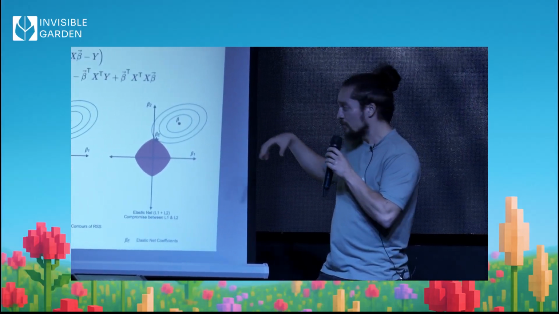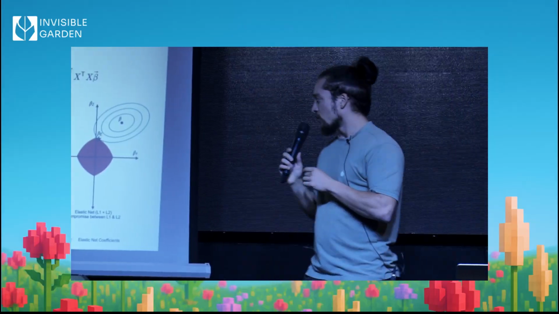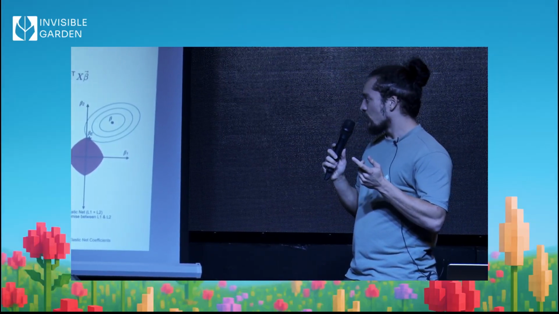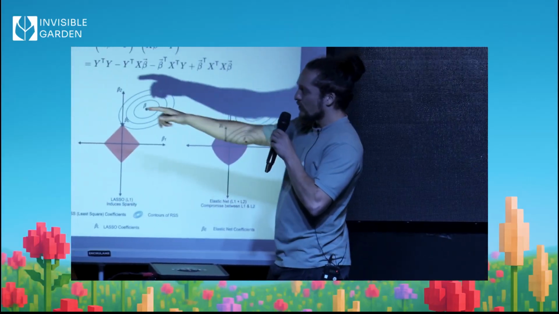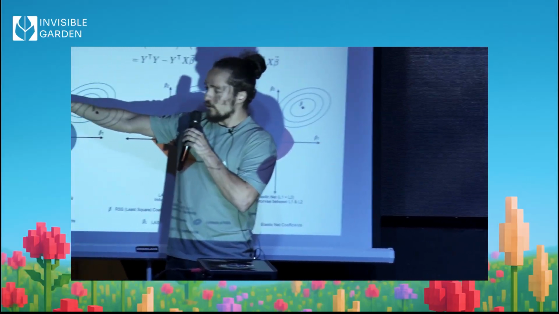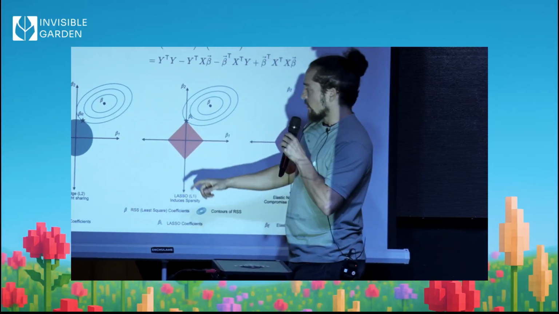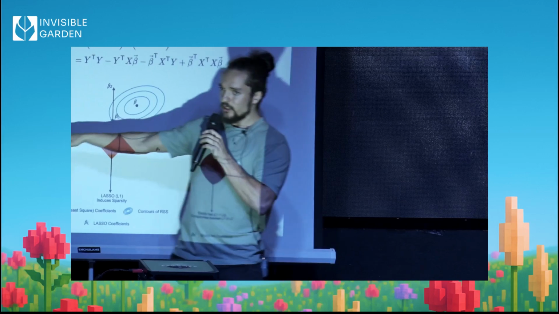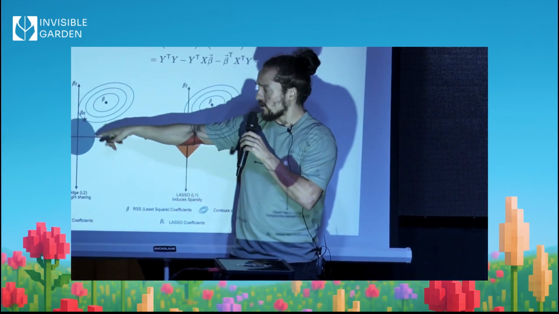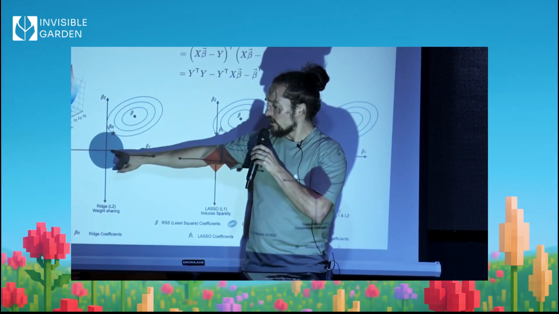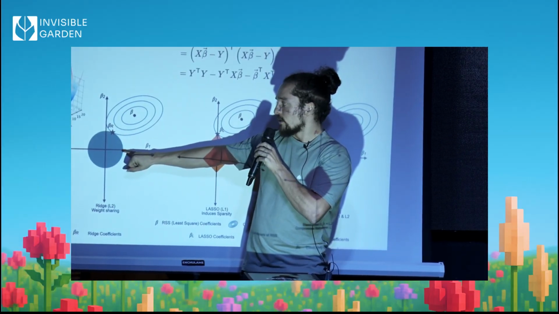be elliptical. By introducing this other penalty on the weights, in this case an L2 penalty, it's going to be another paraboloid. This time, since it's symmetrical, it's going to be a circle, and it's centered at the origin because you're penalizing the magnitude of the weights.